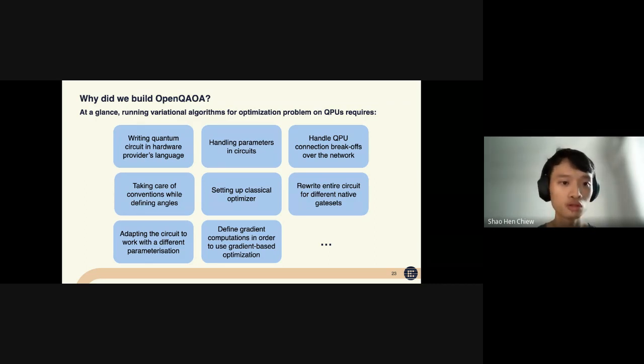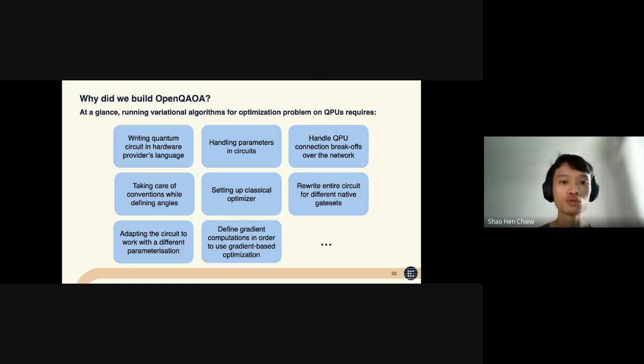I will also need to handle a large number of other issues. For example, how do I handle parameterization in circuits? In Qiskit, parameterized quantum circuits are allowed, so I need to learn how to use them.